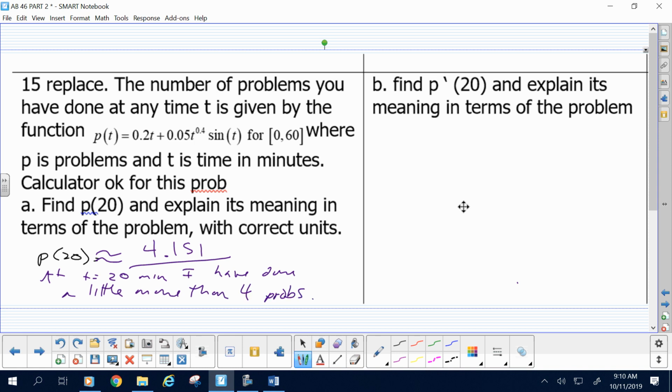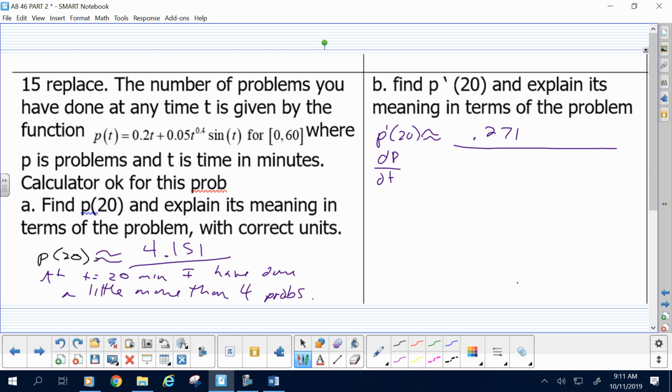Okay. P prime of 20 is definitely calculator active. P prime of 20 is approximately, somebody who did this, 0.271. Okay? Now, it helps me to interpret a derivative by thinking of it as a rate instead of P prime notation, or like dP dt. So that's change, d stands for delta, change in problems over change in time.